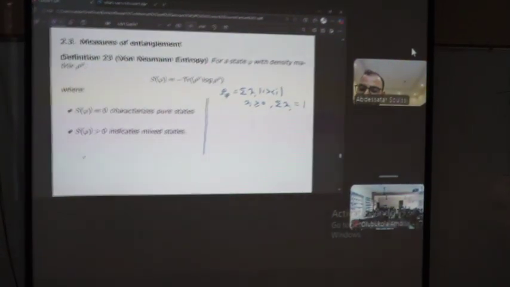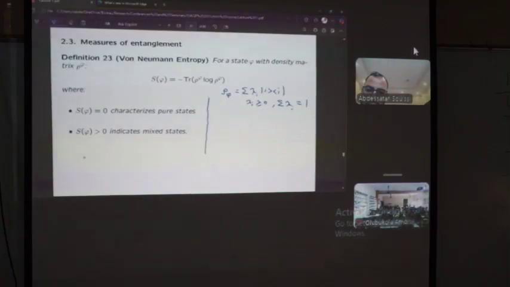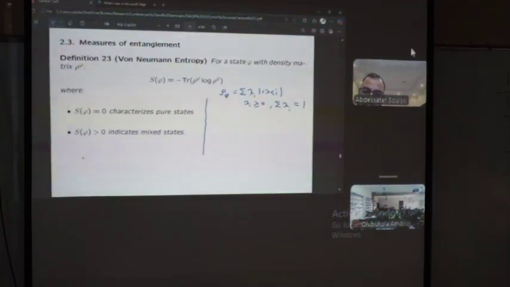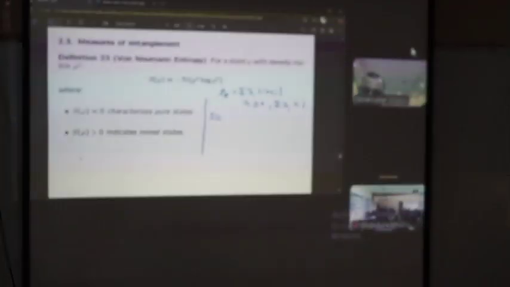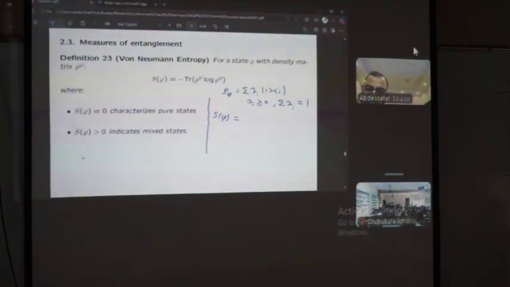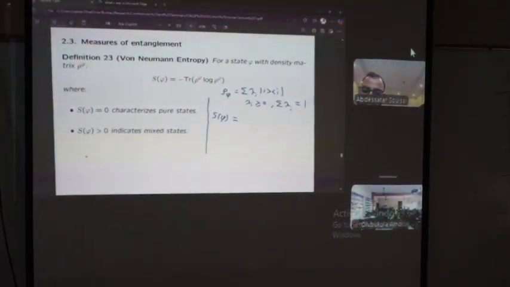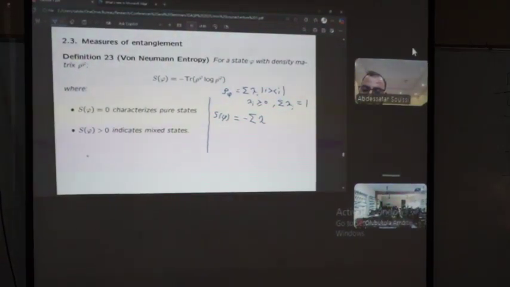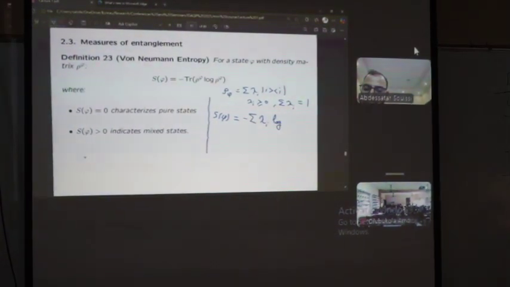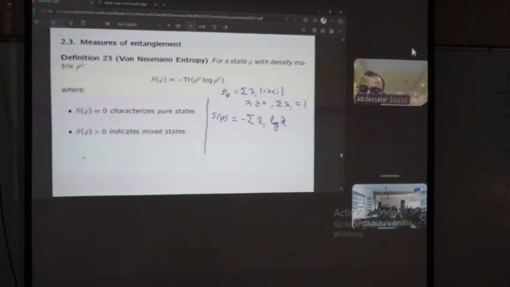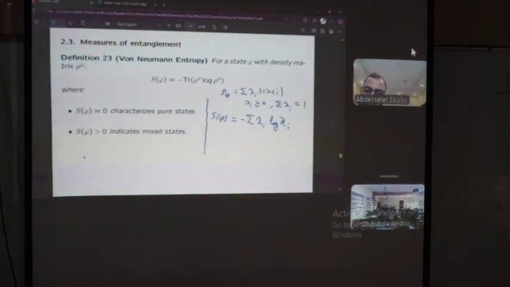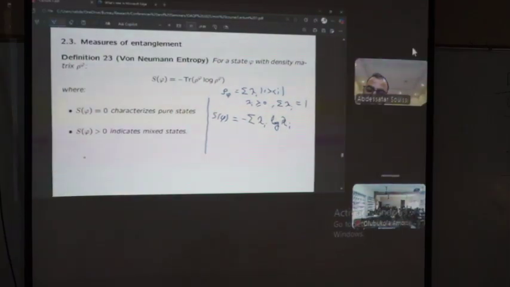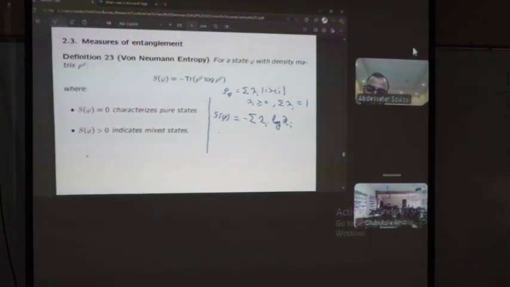In this case, the entropy of pi is minus the sum of lambda i log of lambda i, which is exactly the Shannon entropy of this probability measure.